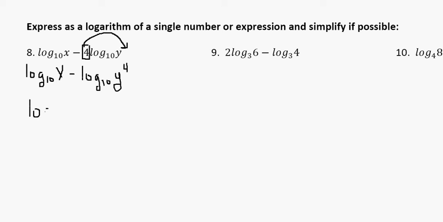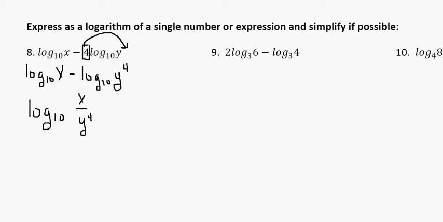So you have log base 10 of x divided by y to the fourth. Okay, and since we don't know the values of x and y at this point, there's not much else we can do with that. We condensed it into a single expression, but we can't simplify it because we don't know x and y.